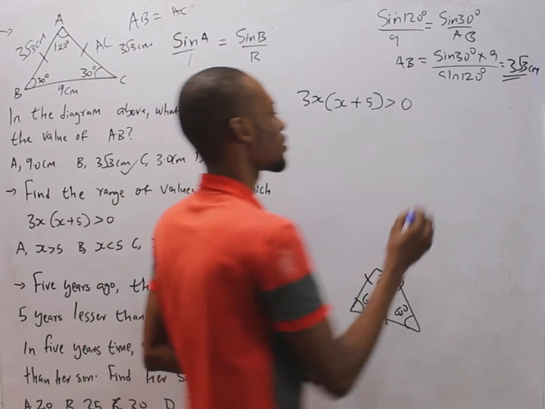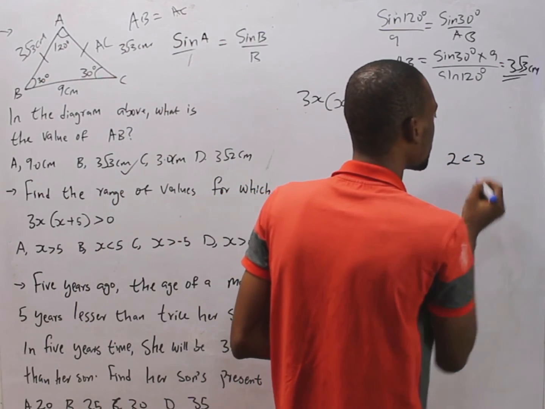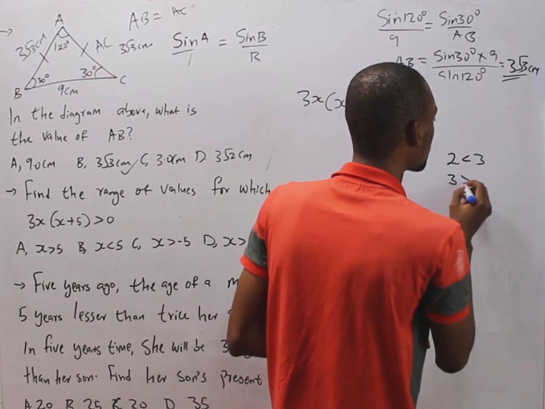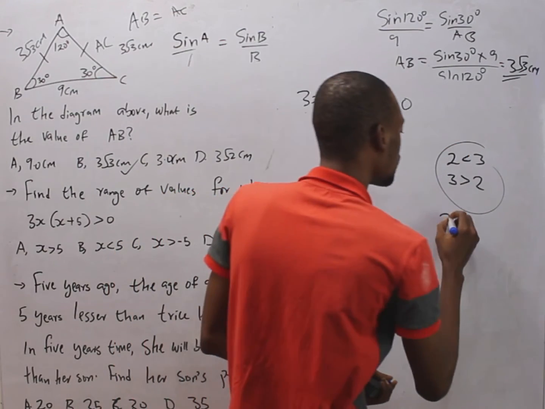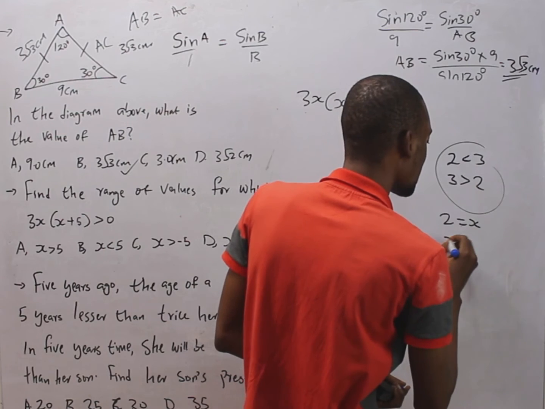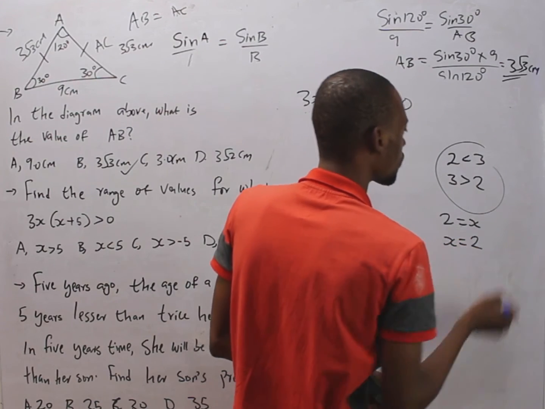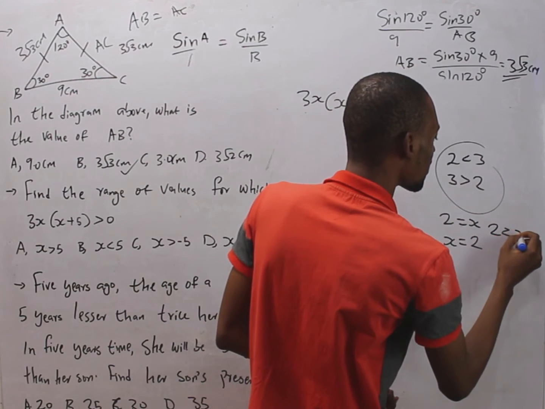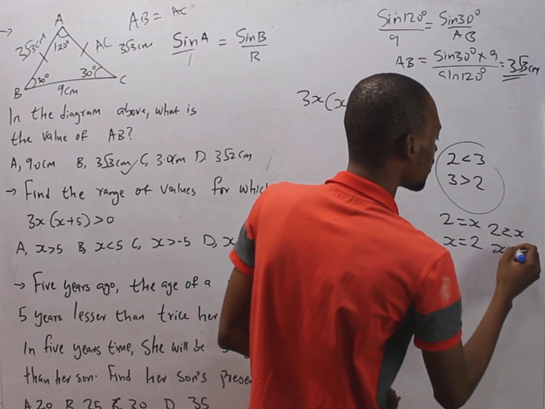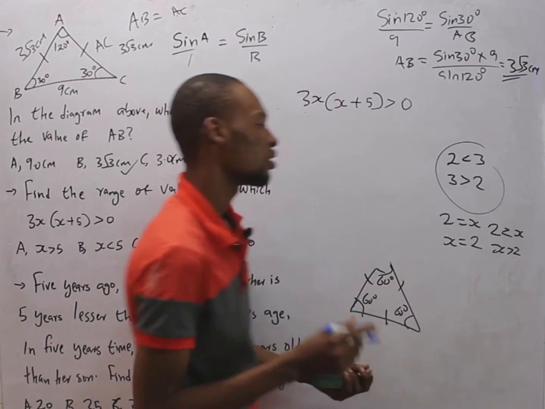And also note that if 2 is lesser than 3, 3 is greater than 2. Unlike equations where if 2 is equal to s, s is also equal to 2. For inequality, if 2 is lesser than s, s is greater than 2.